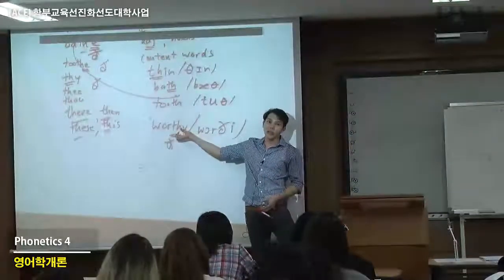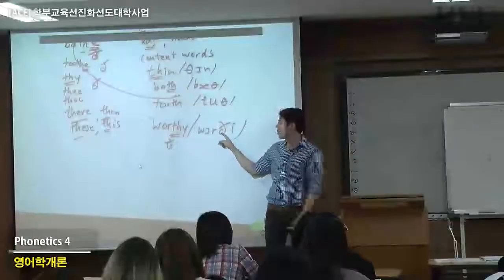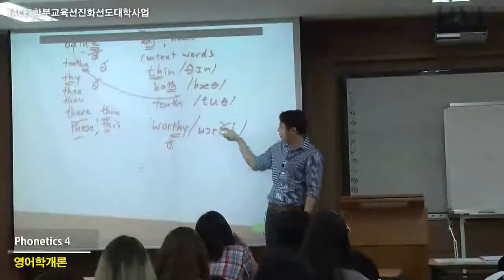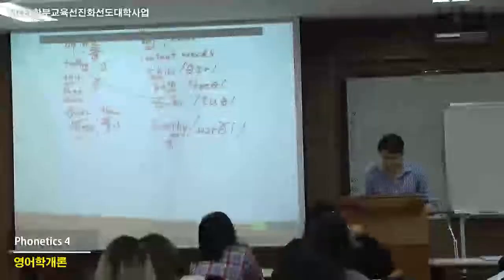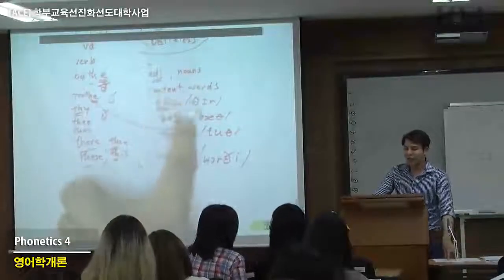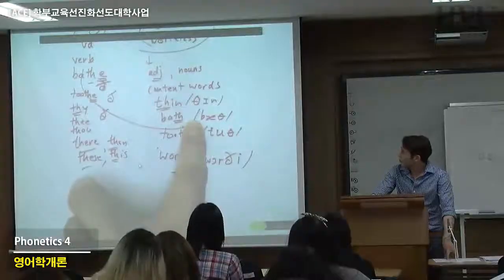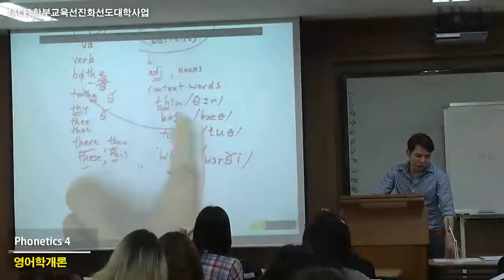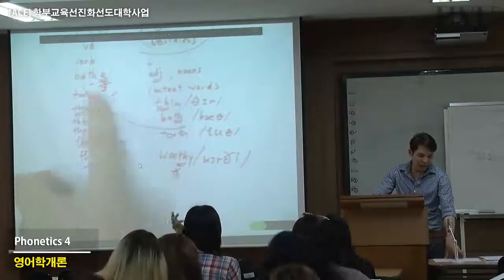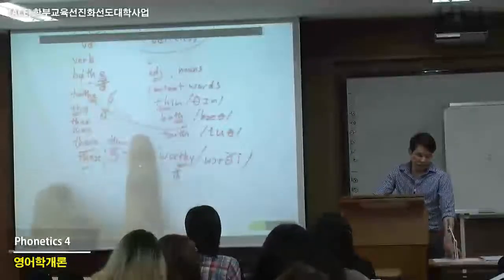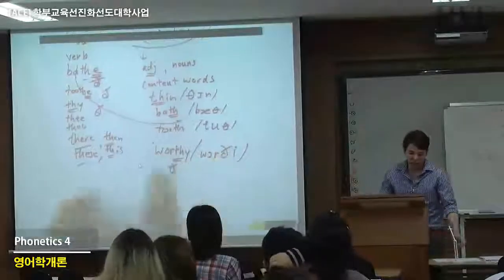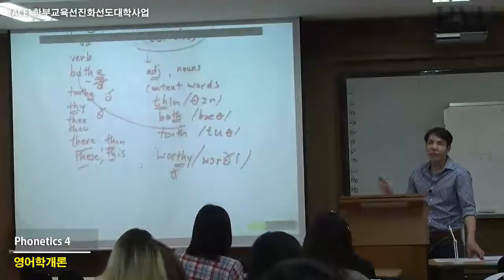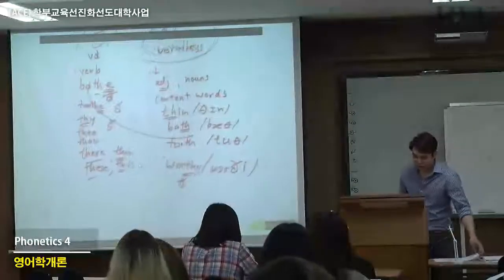So if it's in the middle and flanked by one voiced sound and another voiced sound, then it's likely that it's going to be voiced too. I'm saying likely, not every one. So you have some observations here. If you have adjectives and nouns, then you are likely going to have the voiceless. But if you have function words and the verb versions and also the sandwich version of things, then you're going to have the voiced, okay? So that's my observations that I can give you.